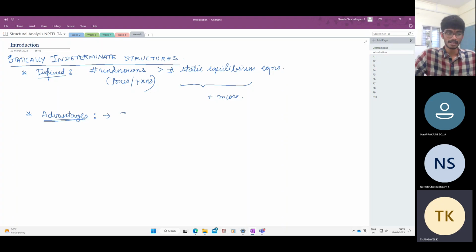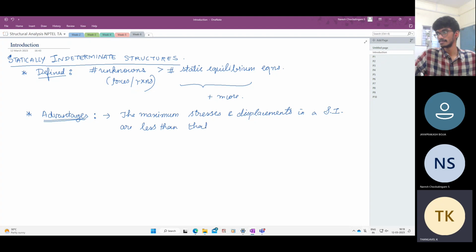The first reason is the maximum stresses and displacements in a statically indeterminate structure are less than that in a statically determinate structure. Why is that so? It is because we have additional support reactions that reduce the displacement.